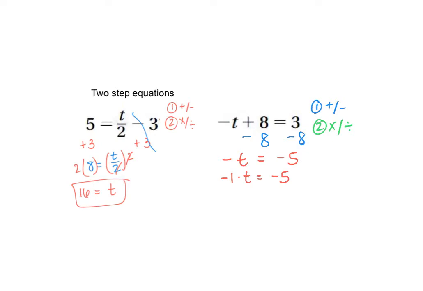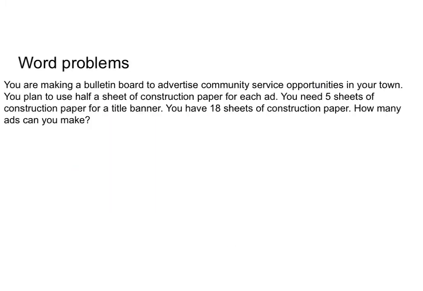The reason is because just like when we have 1t, we write it as t, there's an invisible 1 in front of that t. So we're going to divide by negative 1. These will cancel. So what we're left with is t equals 5, because two negative numbers divided by each other gives us a positive. All right, let's move on.